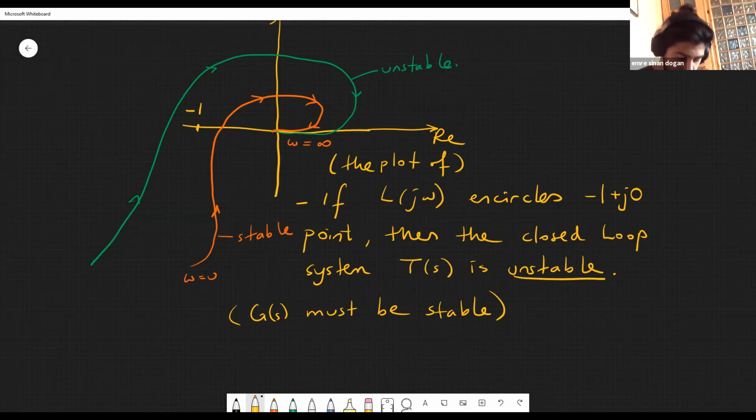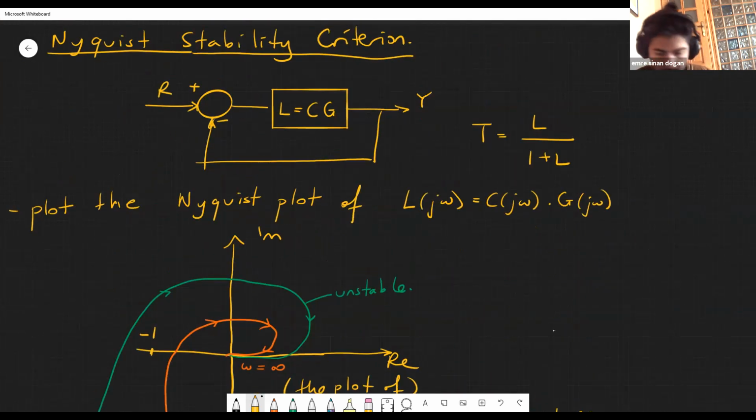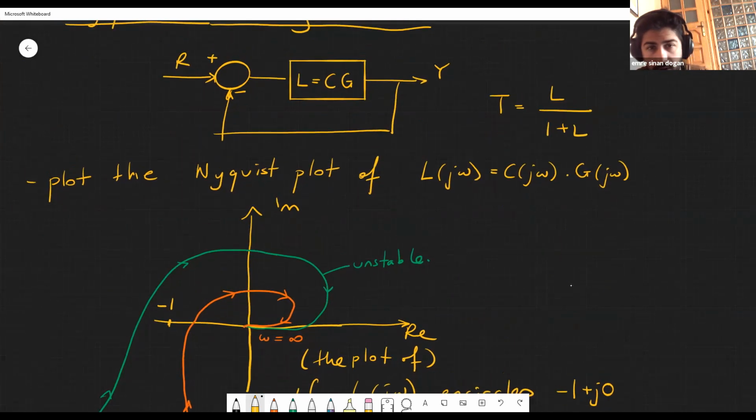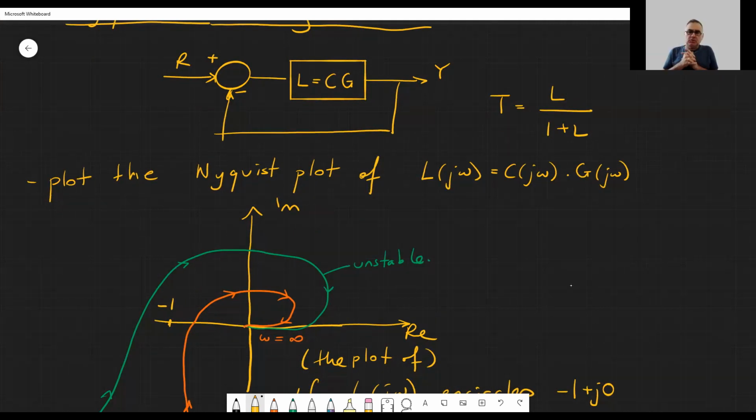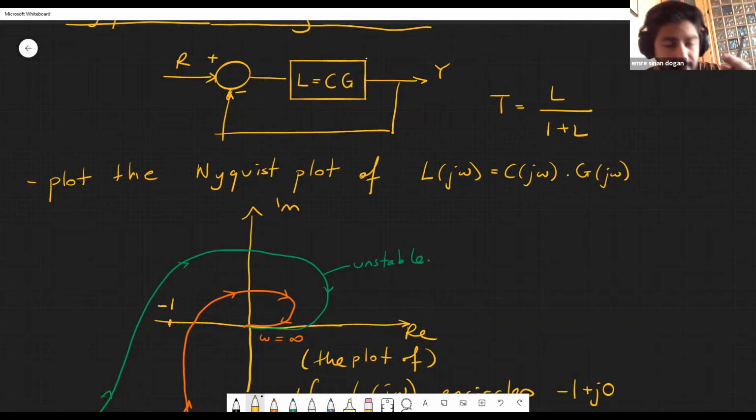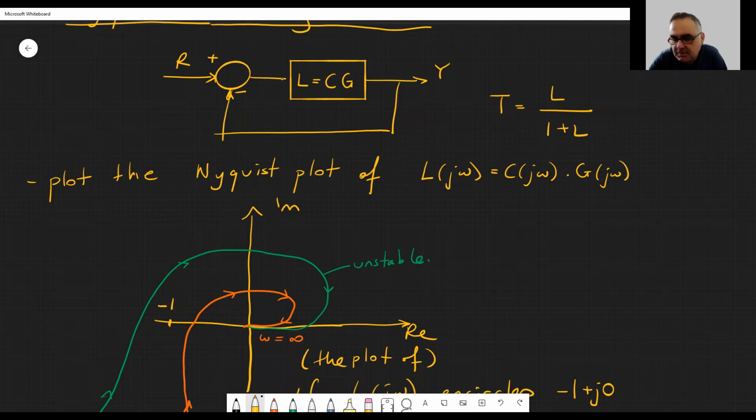Hocam, the open loop transfer function and closed loop transfer function are equal in this topic, right? Because we don't have any feedback system. We have a unity feedback system. No, they are not the same. We said G times C is the open loop transfer function L. This is the open loop transfer function, and this is the closed loop transfer function.